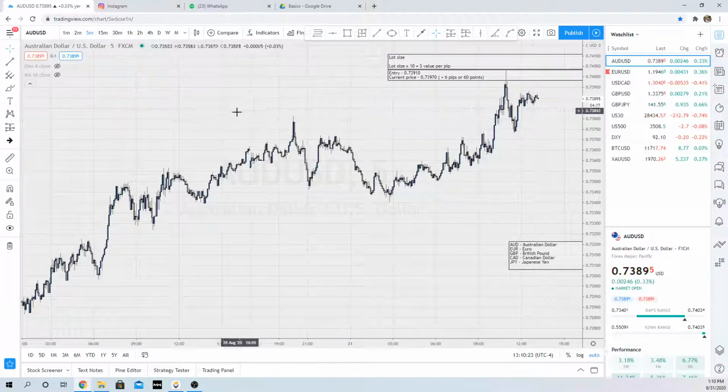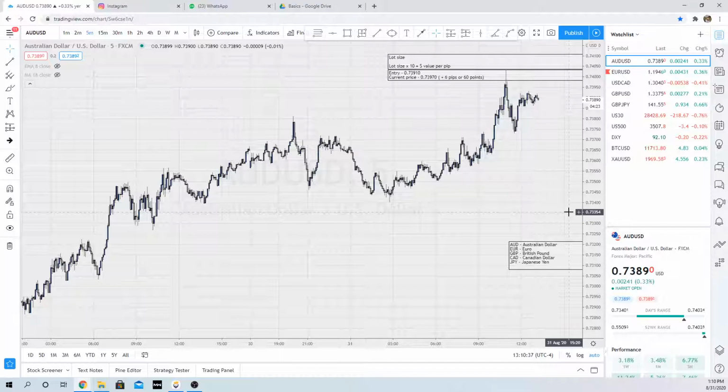It's pretty simple. One of the base is the equivalent to the chart price of the quoted pair. If you guys aren't too sure about what these letters stand for, here's a breakdown. AUD is the Australian dollar, Euro is the Euro, GBP is the British pound, CAD is the Canadian dollar, and JPY is the Japanese yen.